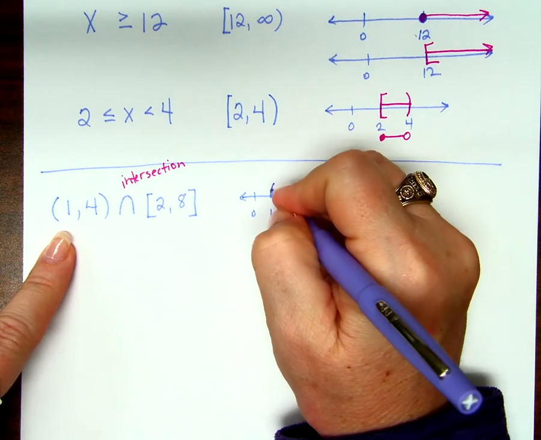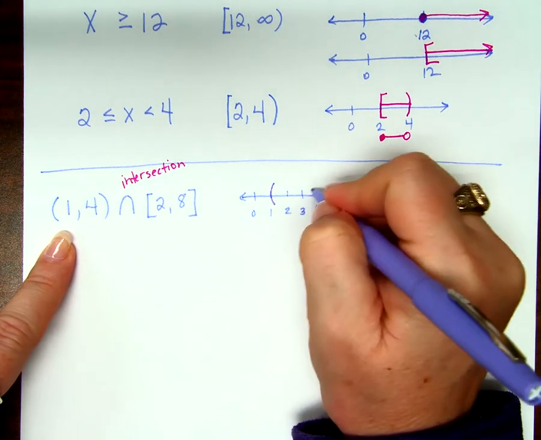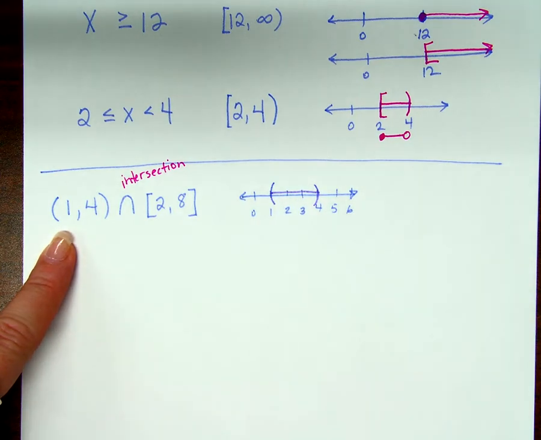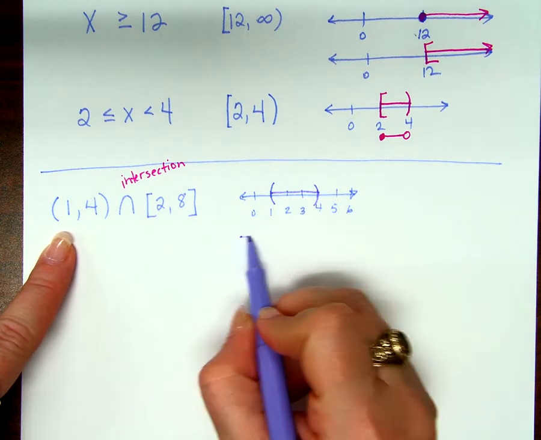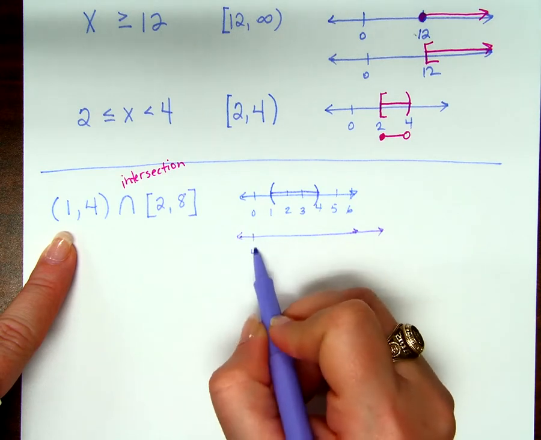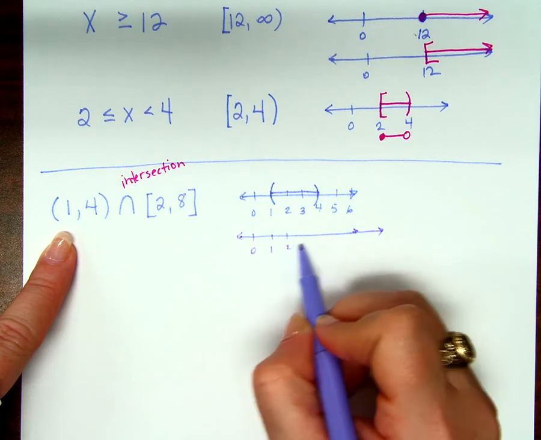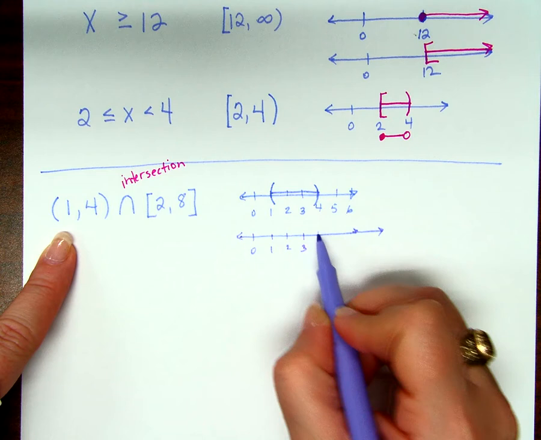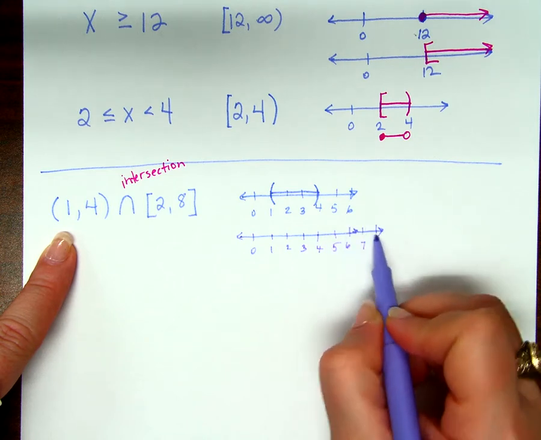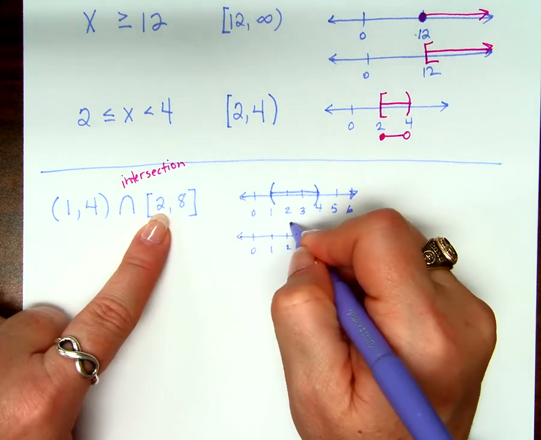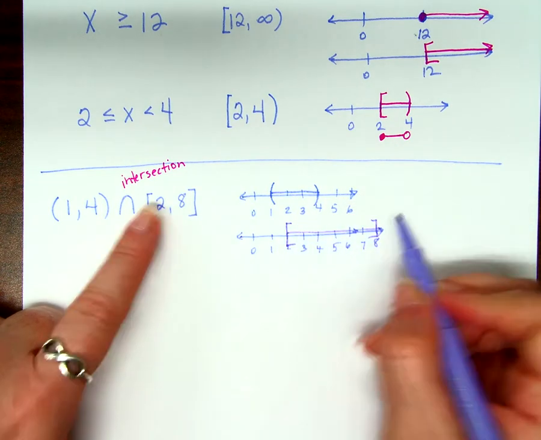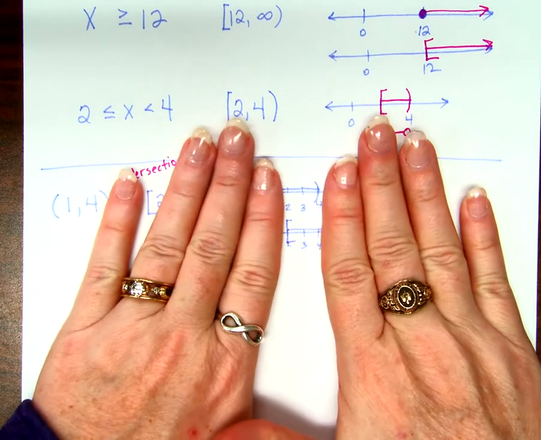So 1 is here, and 4 is here, and it's everything in the middle. Okay with that? On the second one, I need to make this one longer. 0, 1, 2, 3, 4, 5, 6, 7, and 8, because it goes from 2 to 8. And it's everything right here. Well, where do they overlap?